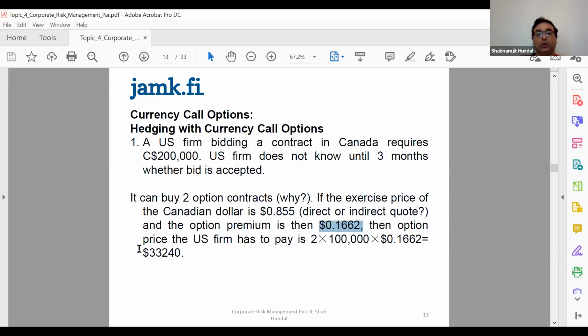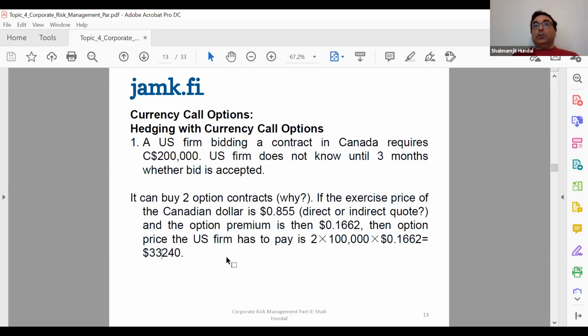So altogether, if you multiply with the full contract, 200,000 multiplied by 0.1662, it makes 33,240 American dollars. This is the money which you pay as a total premium to the bank. And this money is paid in advance. We use the word paid upfront.